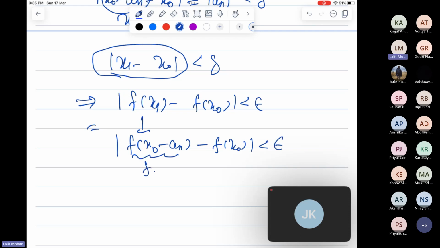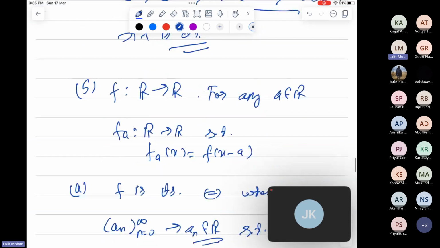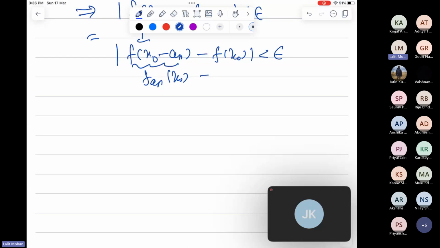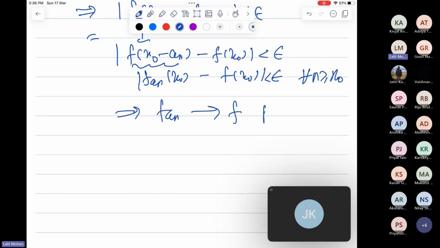So can you write this? What is this value, f(x_0 - a_n)? How was the function initially defined? f_a(x) equals f(x minus a). So this value is exactly equal to f_{a_n}(x_0), and this is less than epsilon for all n greater than or equal to n_0. This implies that f_{a_n} will converge to f pointwise, because we are able to show it for any arbitrary x_0. The same thing will work if you deal with uniform continuity.